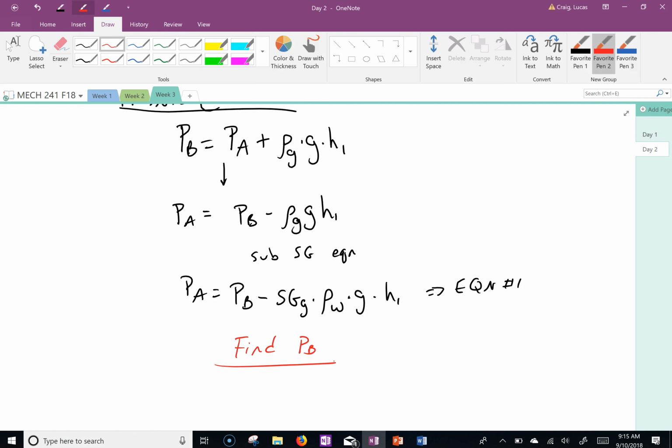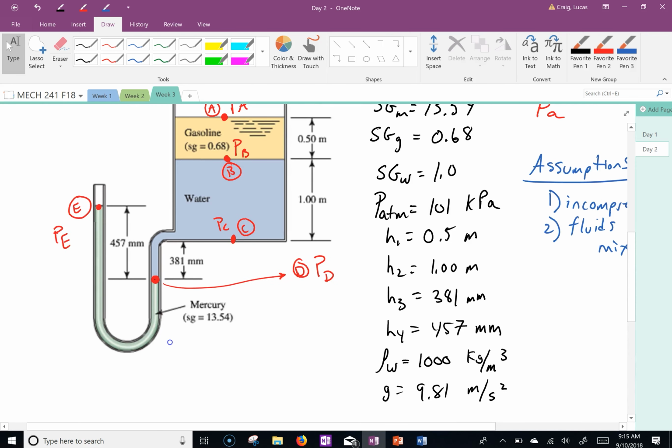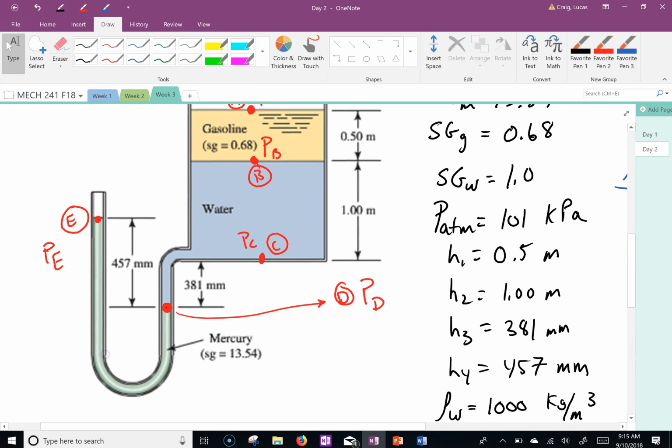So if you notice, we're going to start from the right top and go all the way down and all the way kind of bring ourselves back to the left. Okay? So let's go back up here. Give me one equation that you could use to find PB.